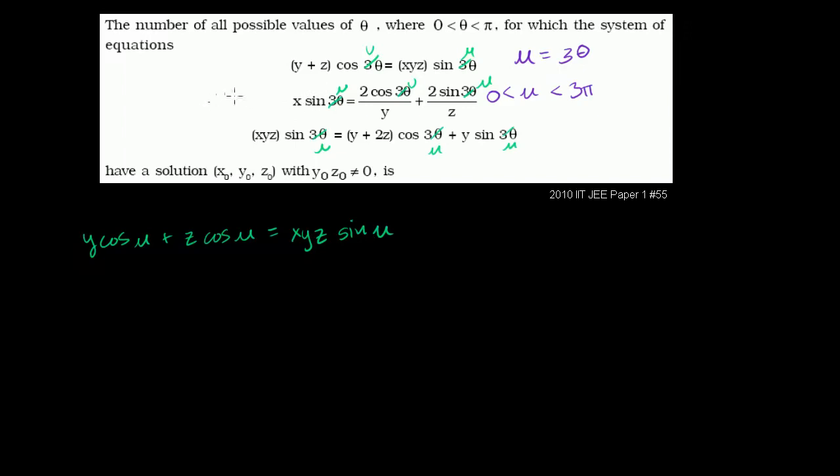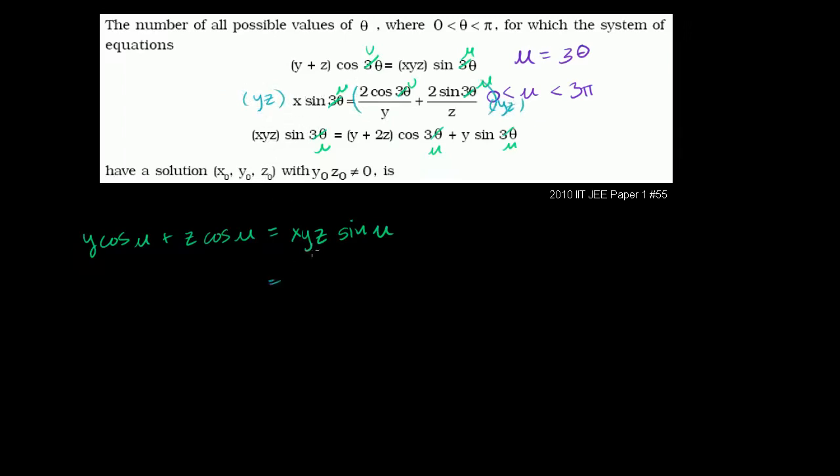So let's multiply both sides of this equation, not by xyz, just by yz, so that these leave the denominator. So we're also going to multiply the right side by yz. The left-hand side becomes xyz sine of u.